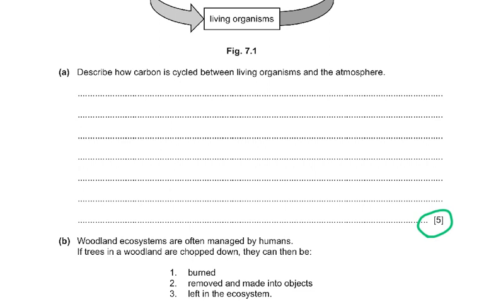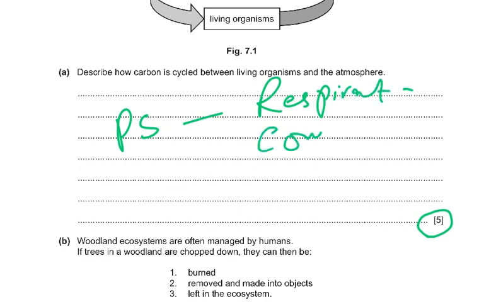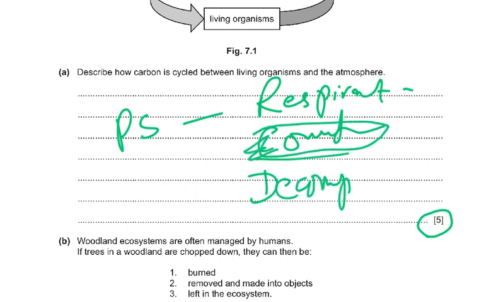If you look at my video, I say there's one side you have photosynthesis, and on the other side you have respiration, combustion, and decomposition. But you can't talk of combustion and decomposition because it says between living organisms. So you just have to talk about respiration and photosynthesis. I usually write photosynthesis just as a short PS.